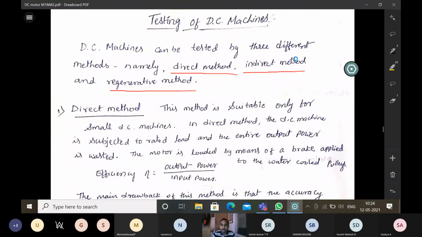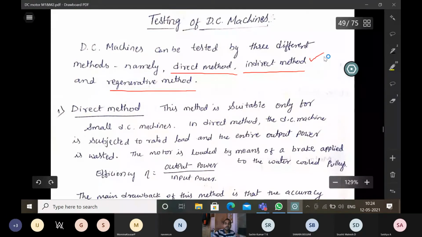From that full load current of the machine, we can calculate what is the half load, the full load, and the quarter load. So the efficiency and losses under different conditions, half load, full load, everything, can be determined by using the full load current specified in the nameplate details of the machine. So that is called the indirect method.